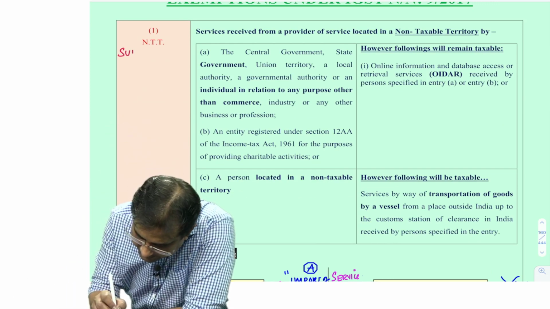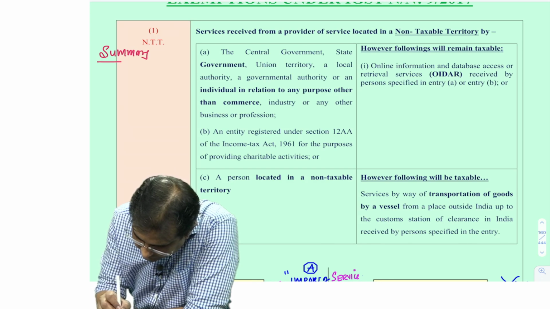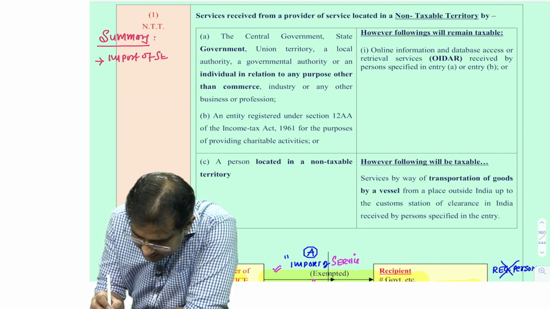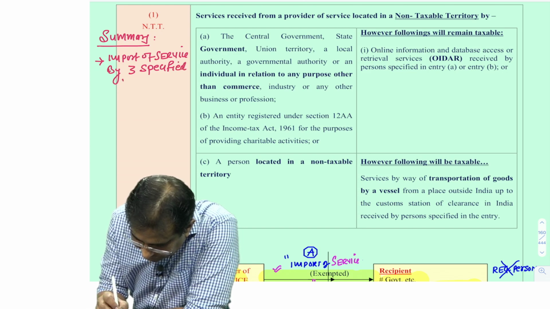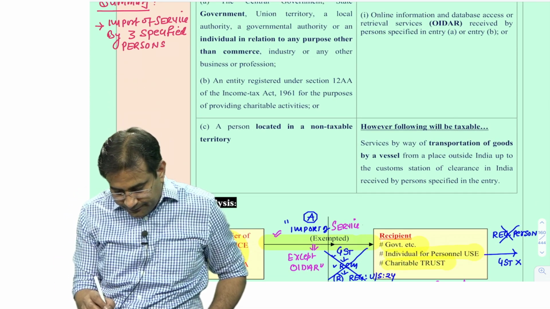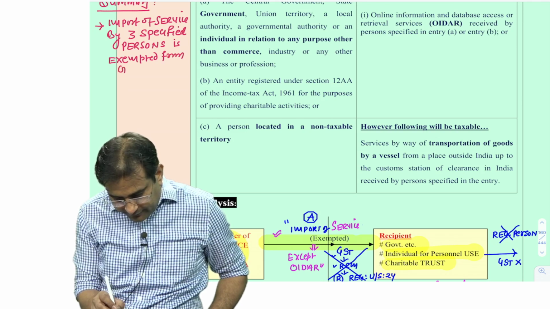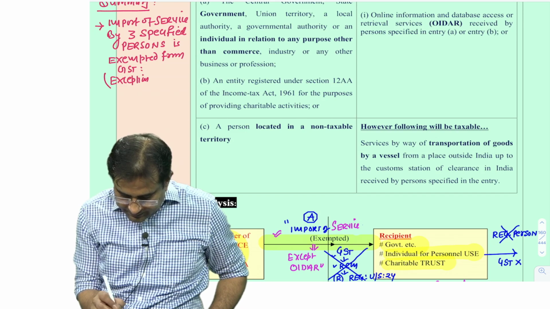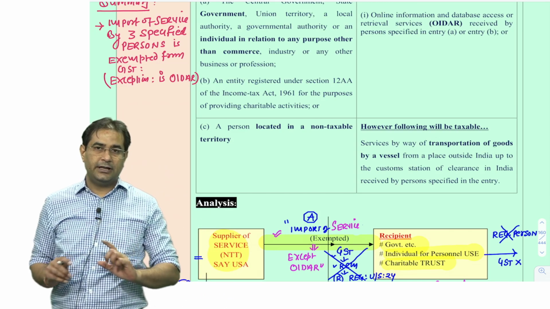Summary of the whole discussion is, my dear: first point, import of services by 3 specified persons, government, trust and individual for personal use, is exempted from GST, and the exception thereof is OIDAR. This is the first point that we have discussed here.